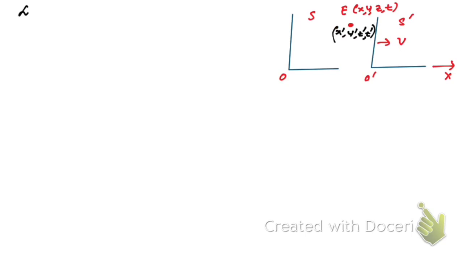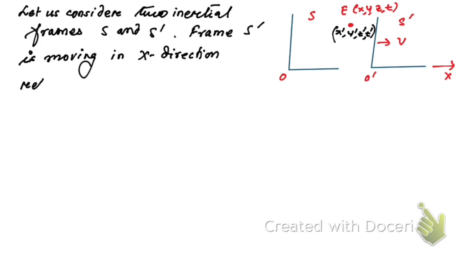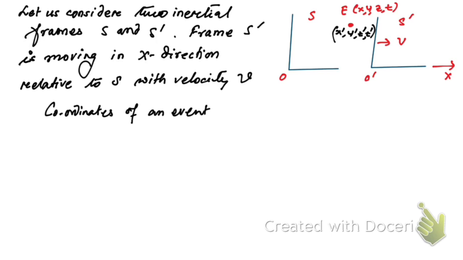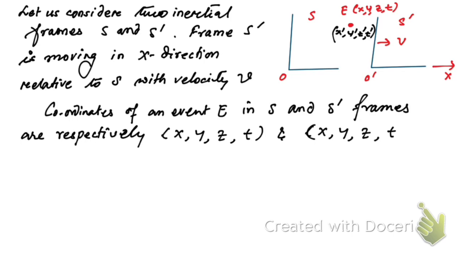So these are two inertial frames, S and S dash. Frame S dash is moving in the x direction relative to S with velocity v. The coordinates of event E in the S and S dash frames respectively are these.